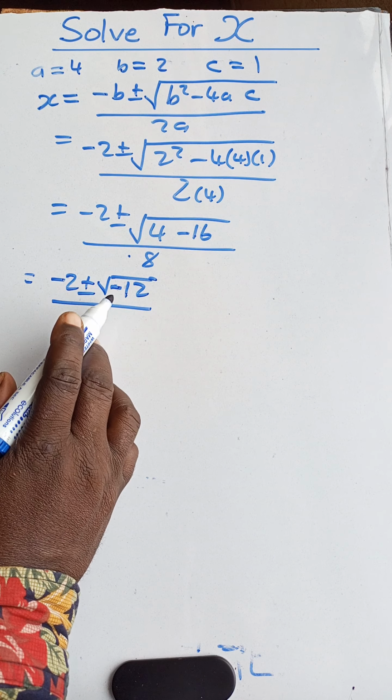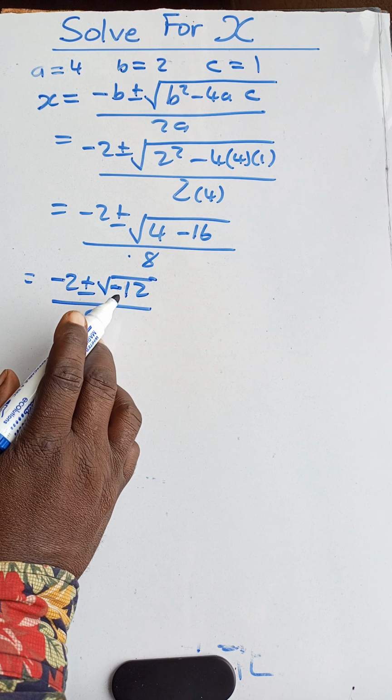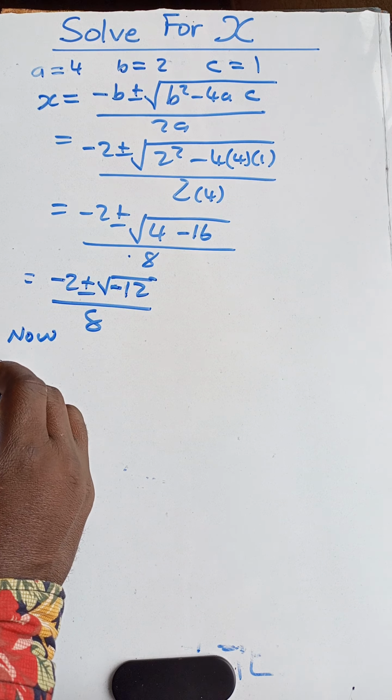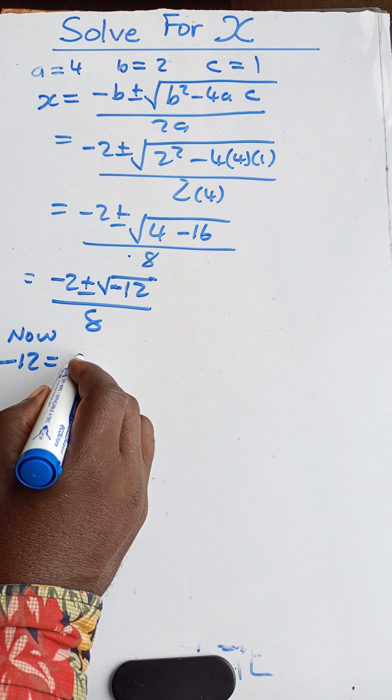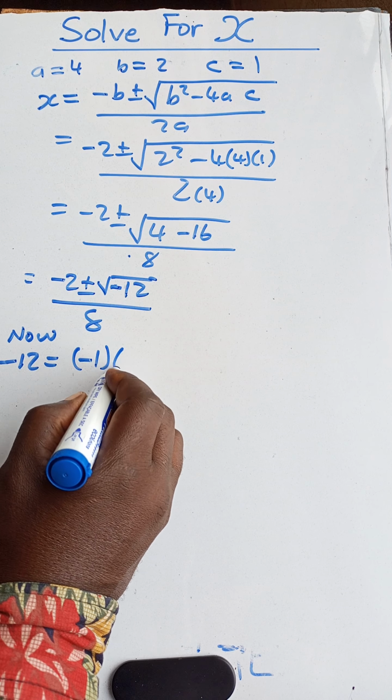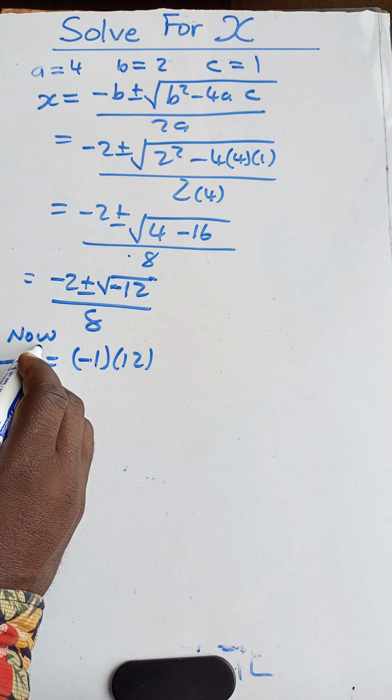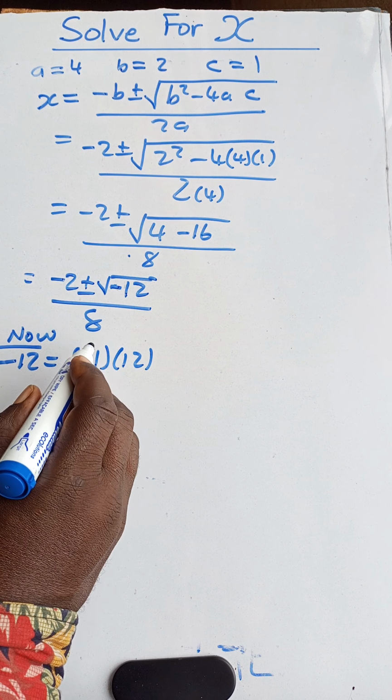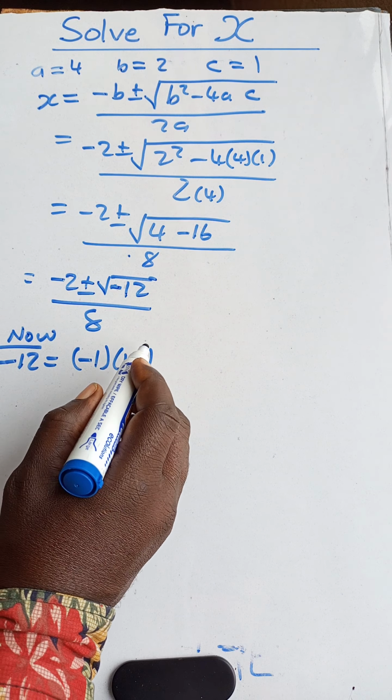Now, negative 12 can be written as negative 1 times 12, so that the square root of negative 12 becomes the square root of negative 1 times square root of 12. And the square root of negative 1 is i.